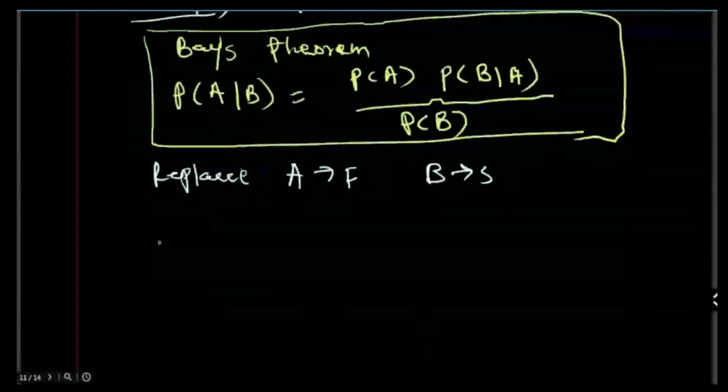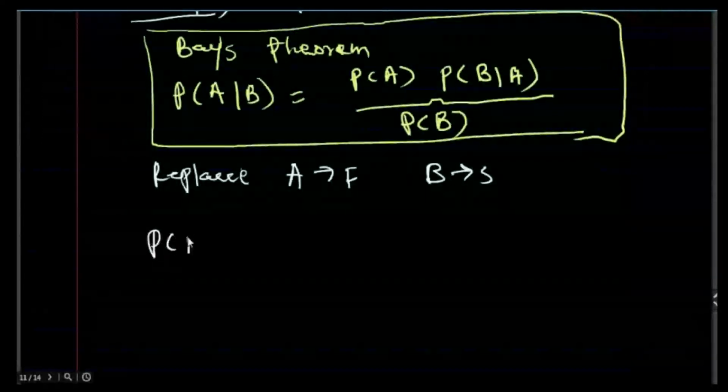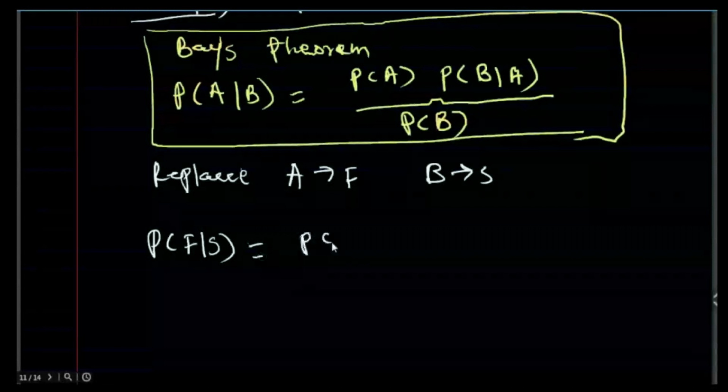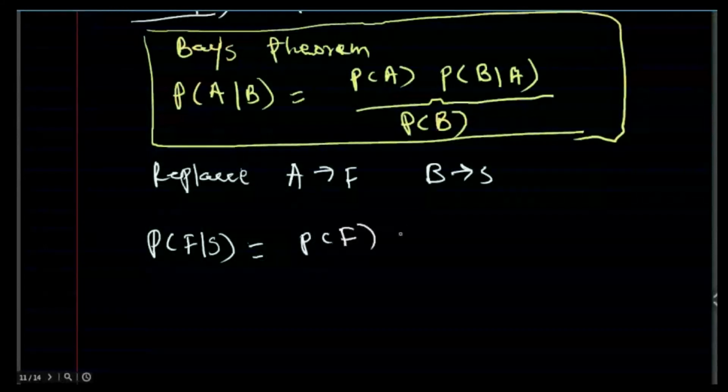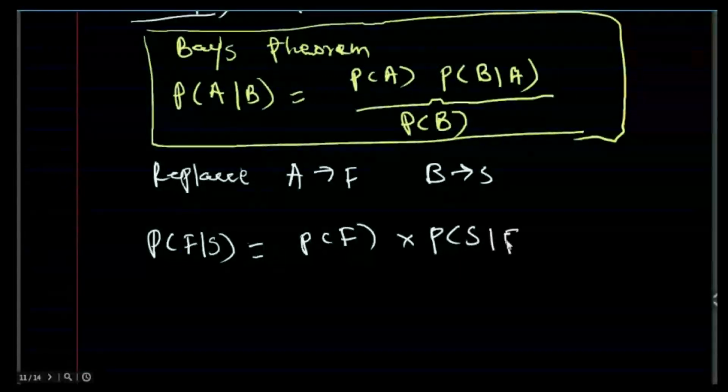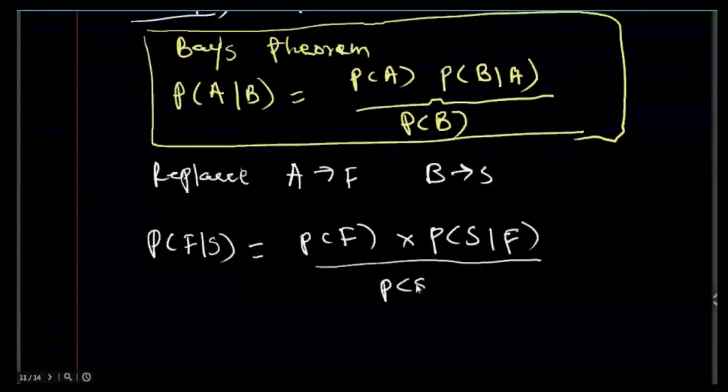Probability of F given S is equal to probability of F into probability of S given F, divided by probability of S.